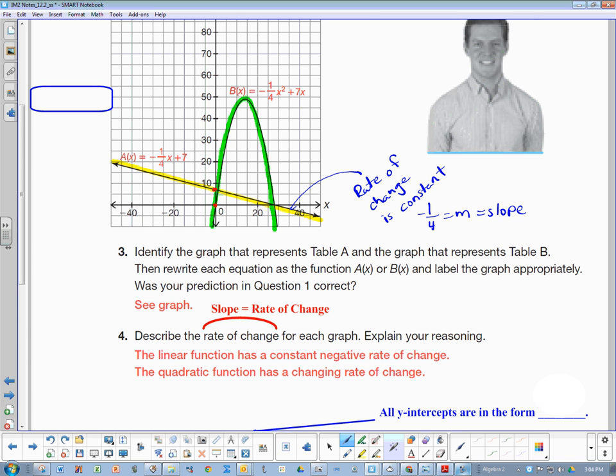Those are two y-intercepts. It looks like for the parabola, this point here is 0, 0. That is a y-intercept. And this particular point right here is the y-intercept for that linear function. Now, I don't know what that is.